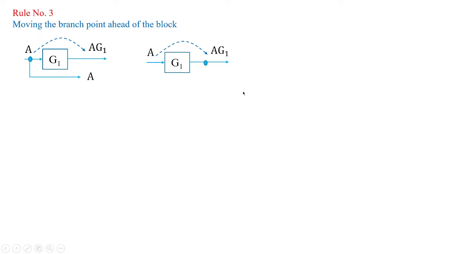So I am going to shift this point from left of G1 to right of G1 by taking the output as AG1. In order to get the value of A, I should divide this AG1 by G1, so that I get the value of A as it is, without any alteration.